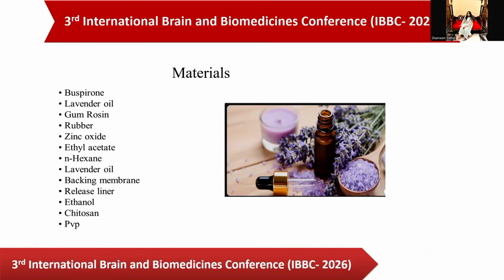Ethyl acetate, hexane, ethanol, and water are the solvents used in this formulation. The backing layer is a surgical cloth, and the release liner is a siliconized paper. Chitosan and PVP are for the trial optimization study to check which adhesive works the best.